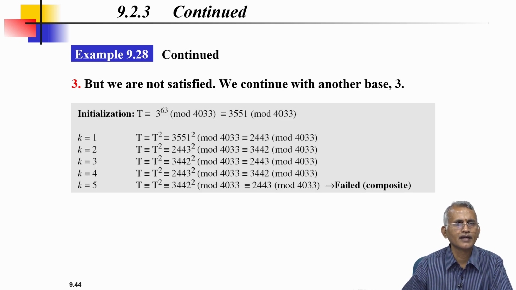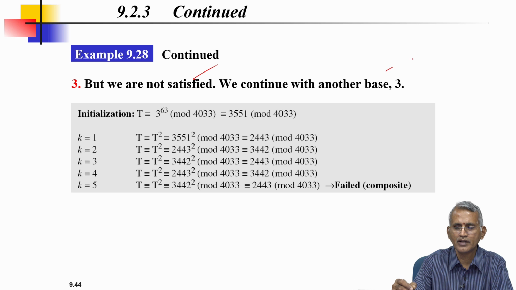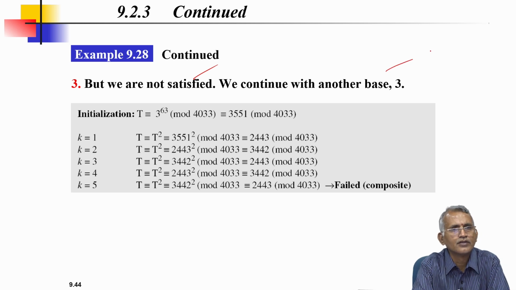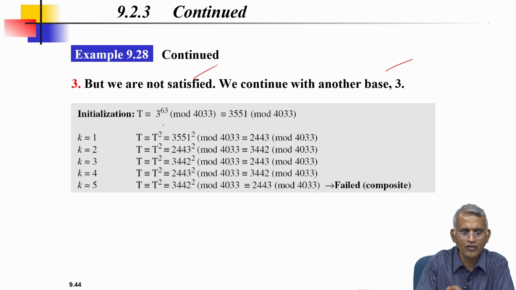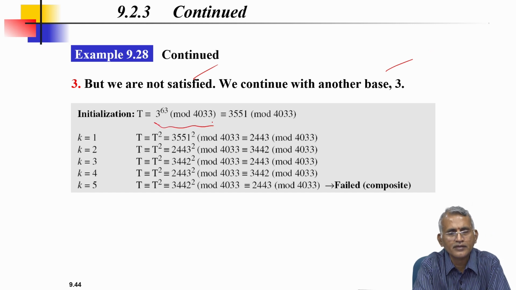But we are not satisfied, so we continue with another base, 3. You take t initially as 3 power 63 under modulo 4033, which is equal to 3551 under modulo 4033. Let k equal 1.